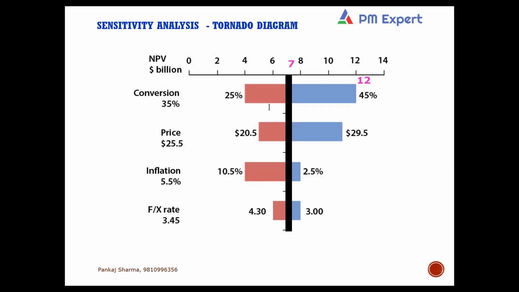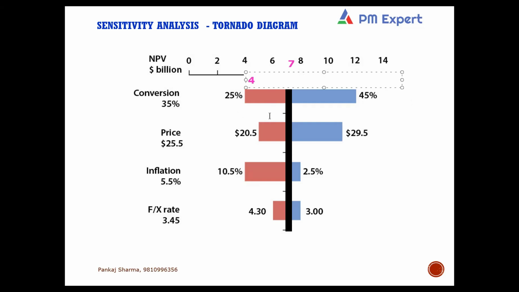If the marketing team underperforms, it can also happen. In the worst case scenario, let's say the marketing team is only able to convert 25% of the leads into accounts, then how much money will I be making? 4 billion? Yes.